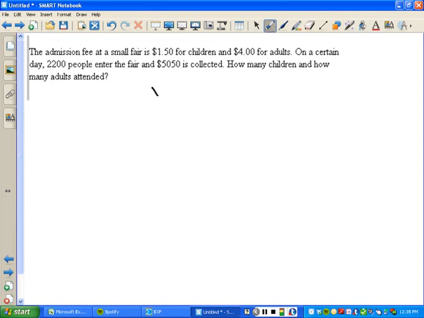Well, let's suppose for a minute that X is the number of children who went, and Y is the number of adults who went. Do I know how many people went all together? 2,200. X plus Y is equal to 2,200, right?